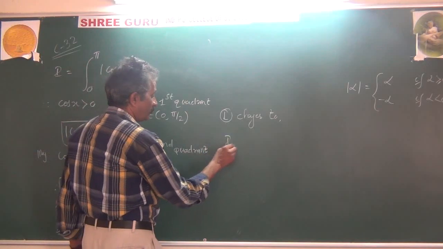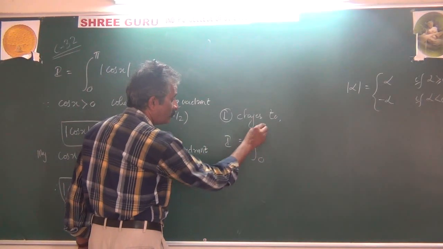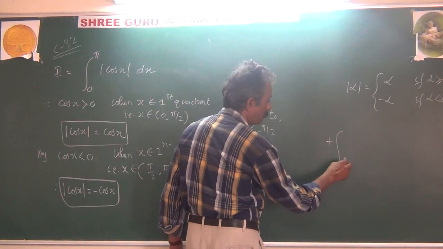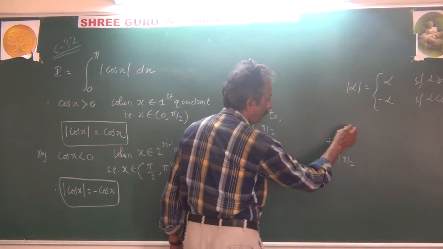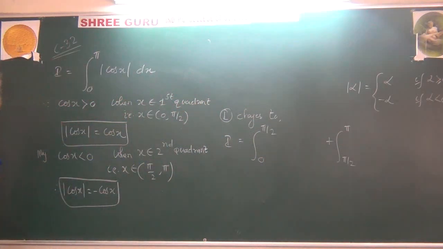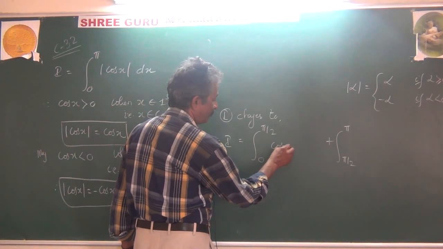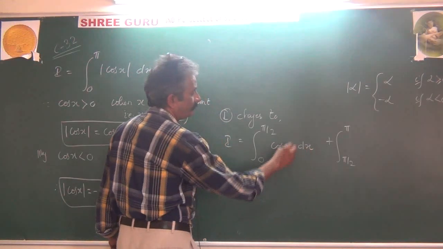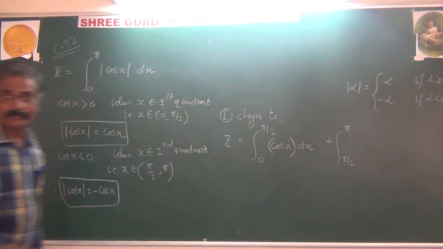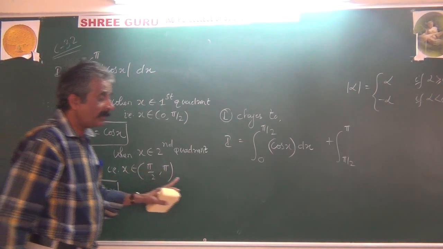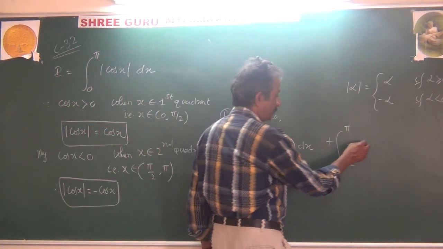I becomes one interval 0 to pi by 2 plus another interval pi by 2 to pi. In the interval 0 to pi by 2, what is mod of cos x? Cos x. Whereas in the interval pi by 2 to pi, mod of cos x is minus cos x.